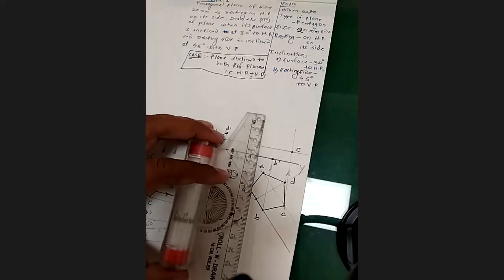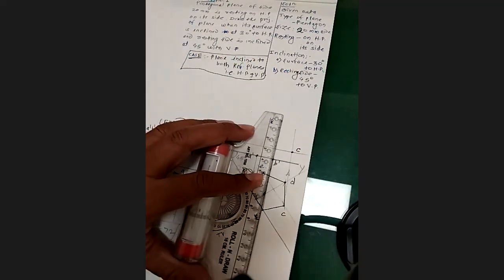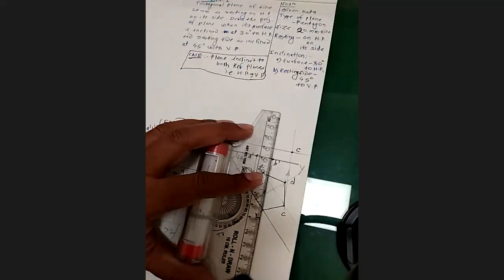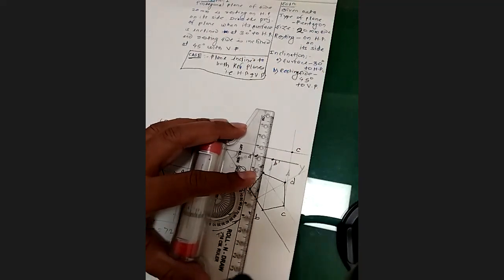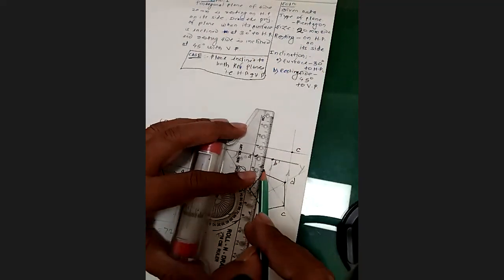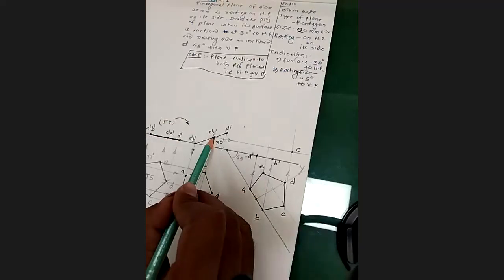Similarly, I will get the point E as well, because C and E are on the same point here.